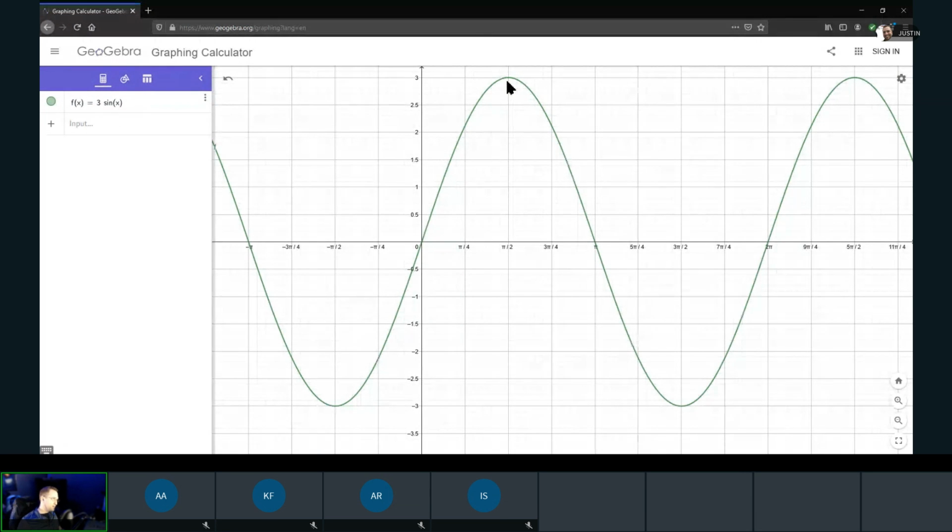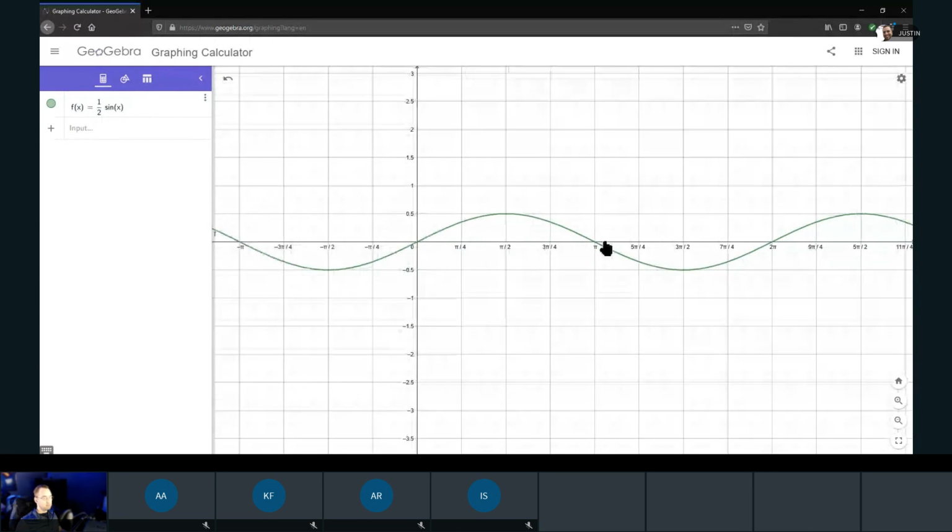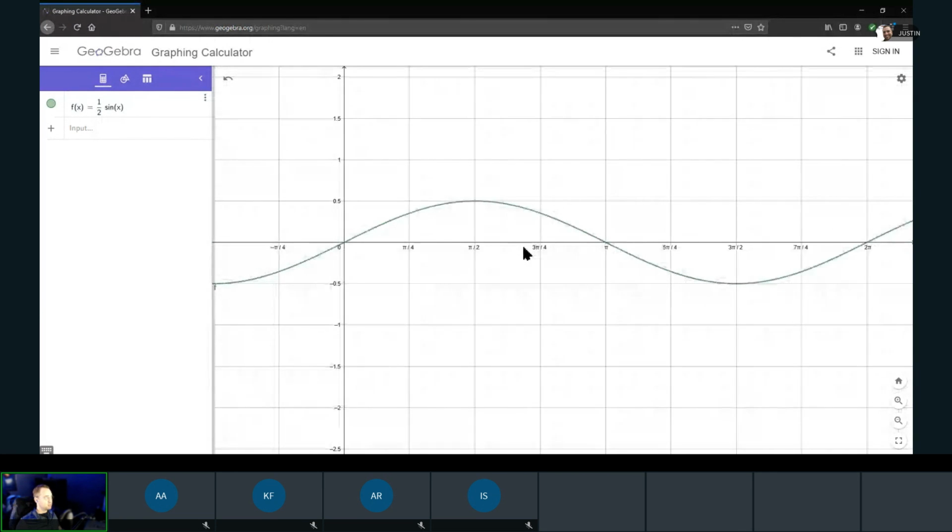So the period doesn't change. Up, down, then up, and then it starts to repeat again. That distance from 0 to 2 pi doesn't change when we change the amplitude. If I change this 2 to a 0.5, or a 1/2, we can see that the period doesn't change from 0 to 2 pi.